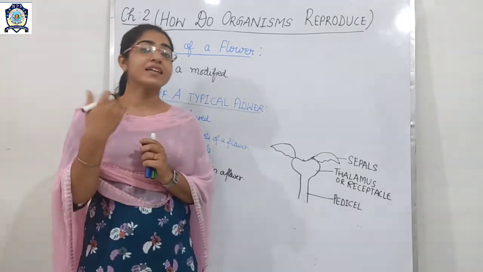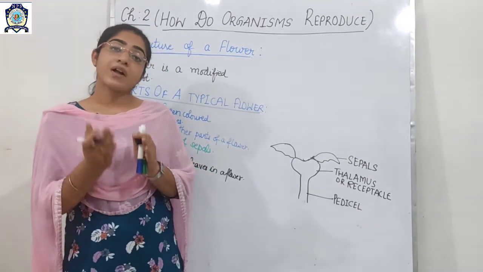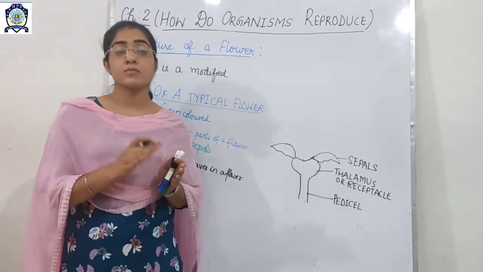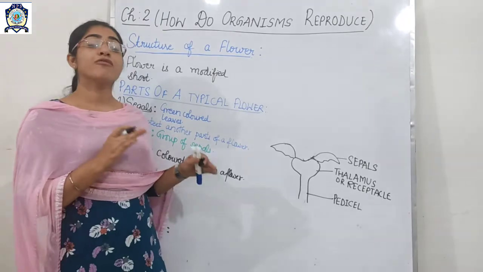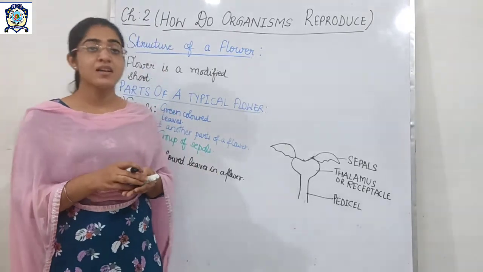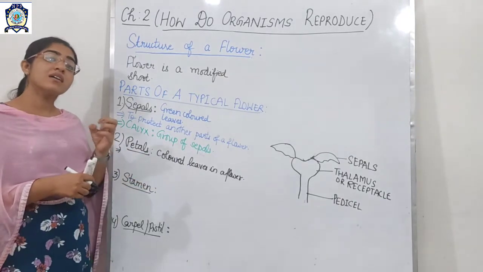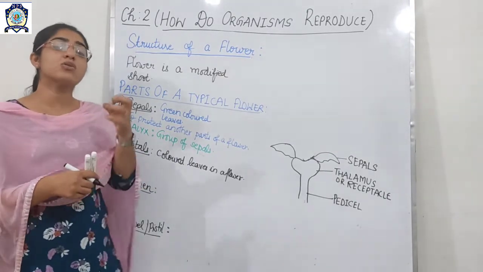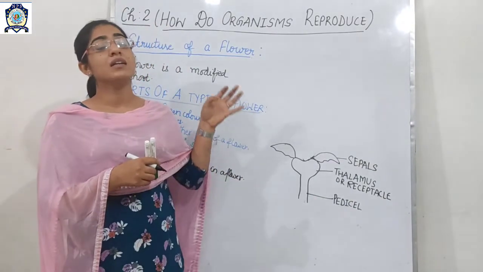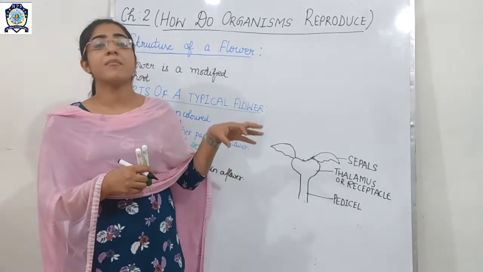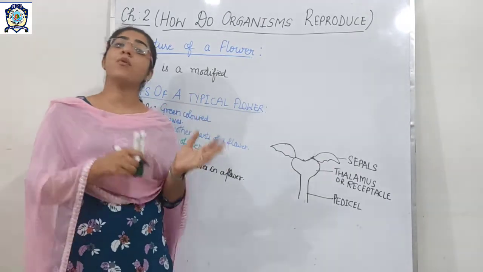We will study in the next class that prior to the fertilization process, pollination will occur. So for the pollination process, petals are present. Due to the colored leaves, the insect or bird gets attracted toward the flower, sits on the stamen, and sucks the pollen grain.